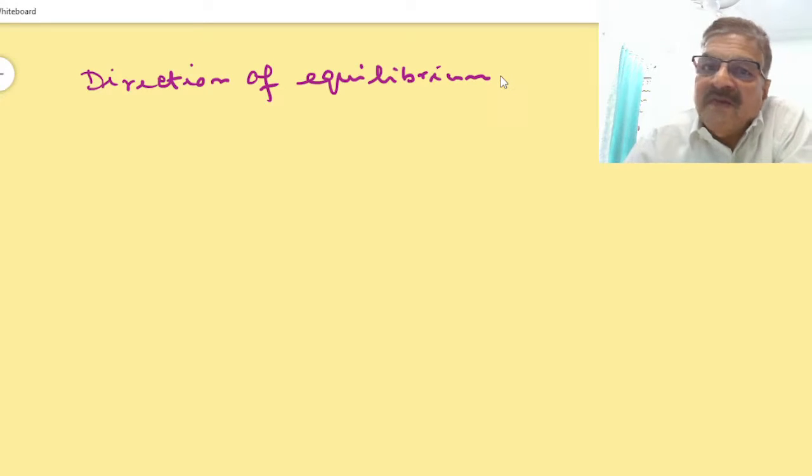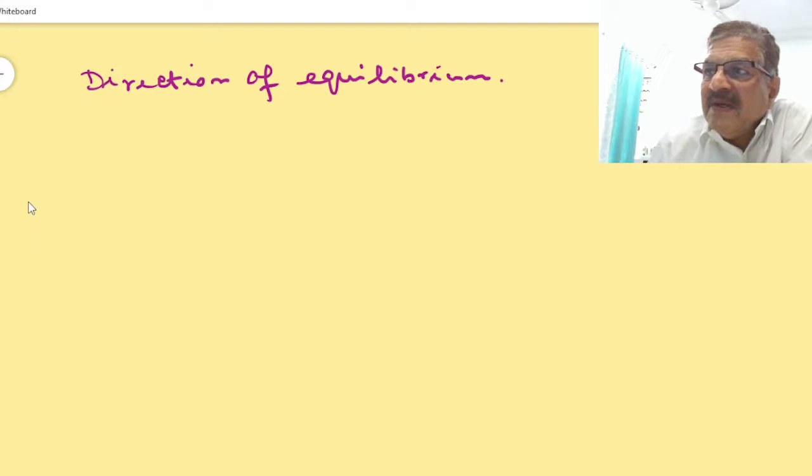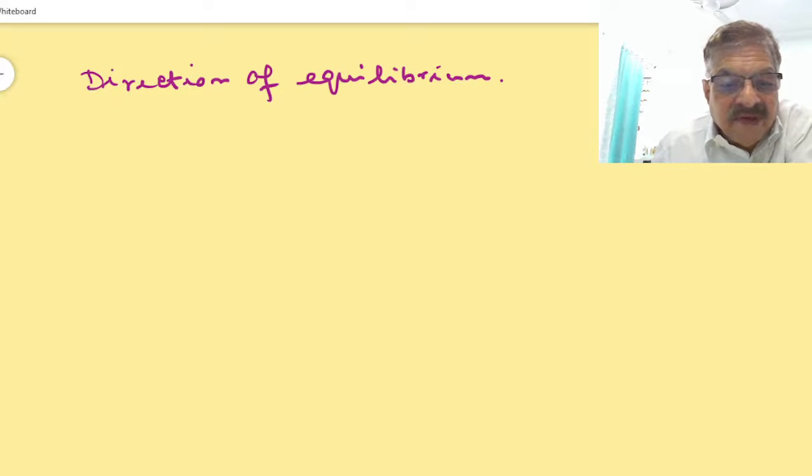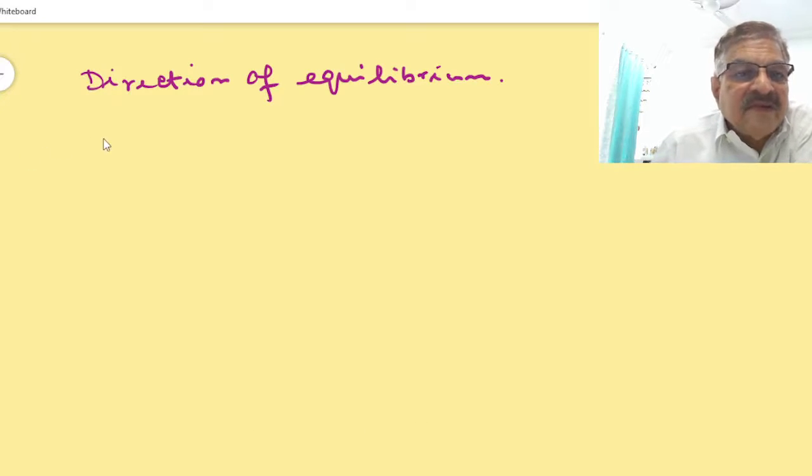Now suppose we are given an equilibrium reaction between an acid, acetylene, and an amide ion, that is NH2 minus. First we should see which is acid and which is base.